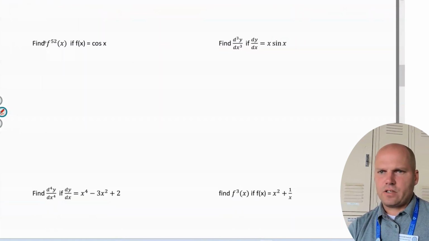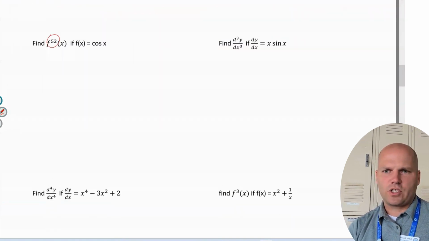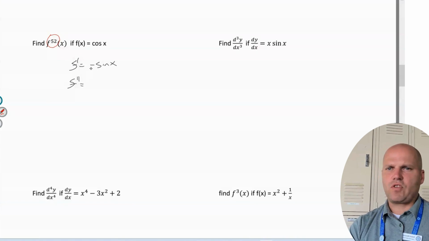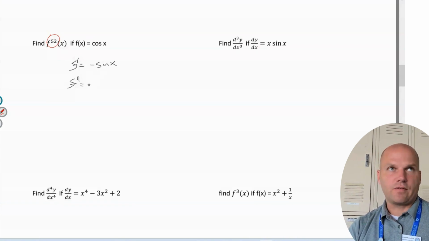The 52nd derivative of cosine, we did one just like this in class. We realized that things just kind of bounce back and forth with sine and cosine. Slopes of cosine are negative sine. Slopes of negative sine are negative cosine. The slopes of negative cosine are positive sine. The slopes of sine are cosine.